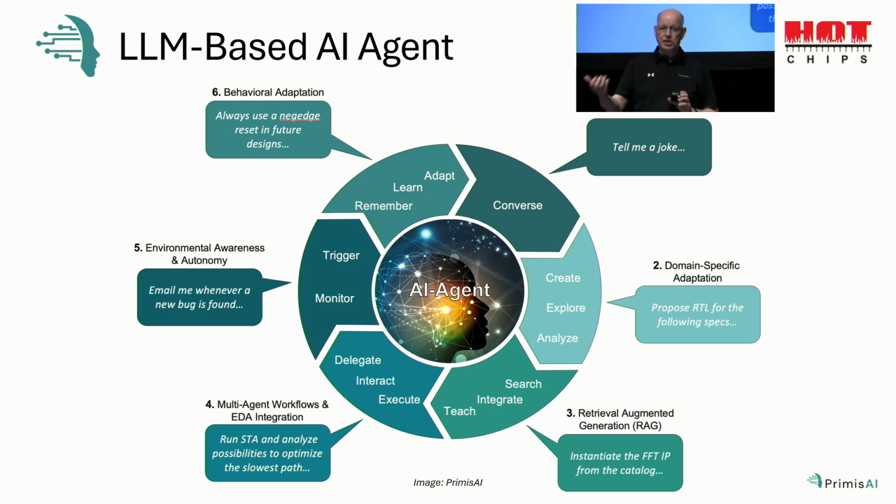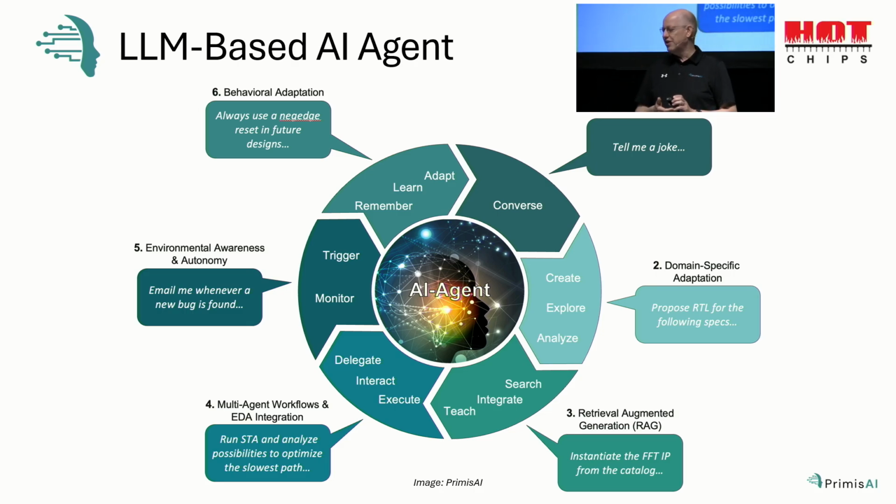You can think of fine-tuning the model with specific design examples. You can also think of prompting the model in the proper way. You can think of a mixture of experts approach. There are many ways you can do the domain-specific adaptation. So now you can ask a question like, I'd like you to propose RTL for the following specifications.